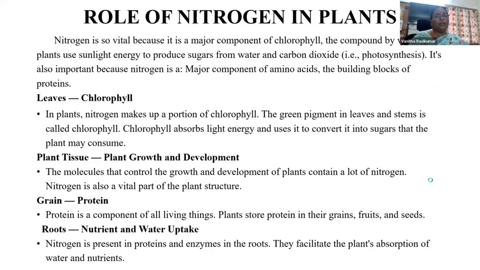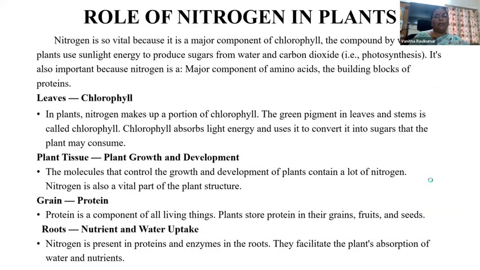Role of nitrogen in plant growth: nitrogen plays a major role. It is mainly needed for photosynthesis, that is leaf growth and chlorophyll. In plants, nitrogen makes up a portion of chlorophyll.